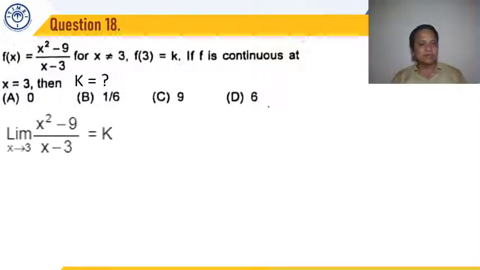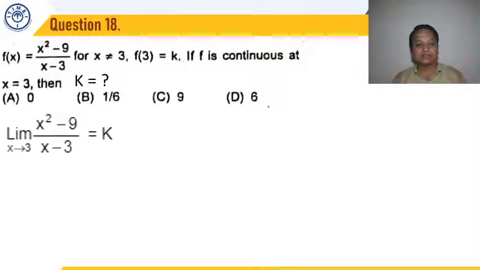So we have to evaluate this limit as x tends to 3. We know f(3) is equal to k. So we have to find the limit as x tends to 3, and if this also comes out to be k, then we say the function is continuous. So limit of x square minus 9 upon x minus 3 when x tends to 3 is equal to k. On putting x equal to 3, we know it's an indeterminate form, 0 by 0.